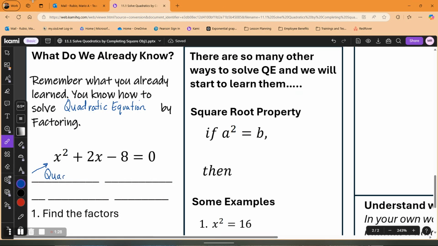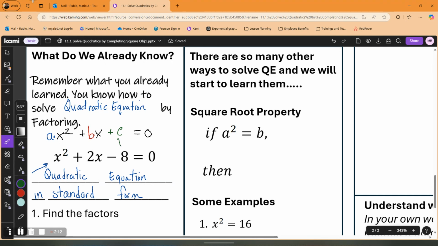This is an example of a quadratic equation in standard form. What standard form means is if you've got an x squared, you've got an x term, you've got some constant, you can have any coefficient out here, and c could be any number.